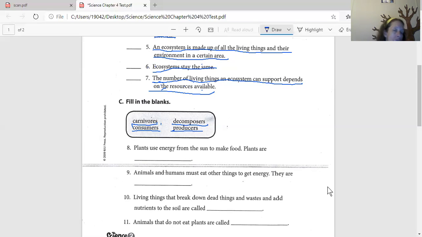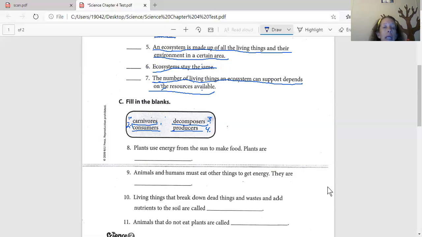Okay. Number 8 says, let's give these some numbers. Rylan, this might make this easier. 1, 2, 3, and 4. So Rylan, you can just put the numbers in here and then write the words later. Okay? All right.